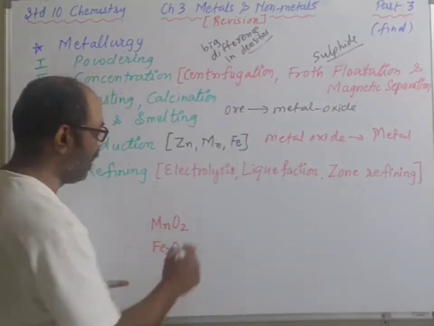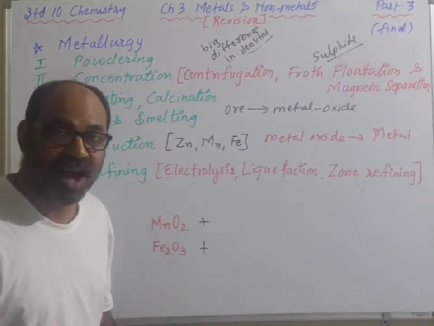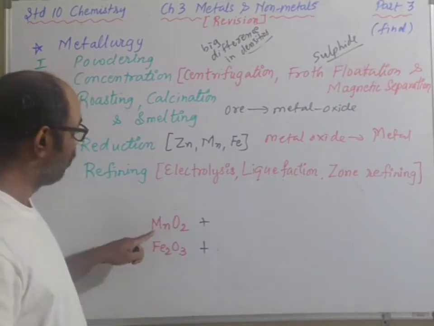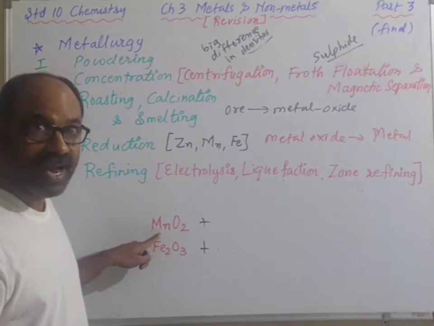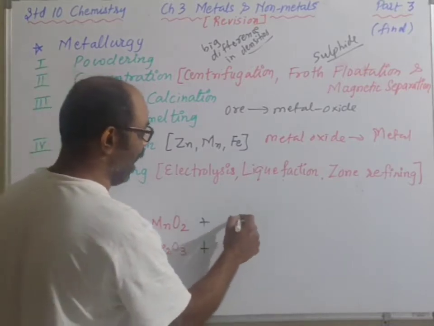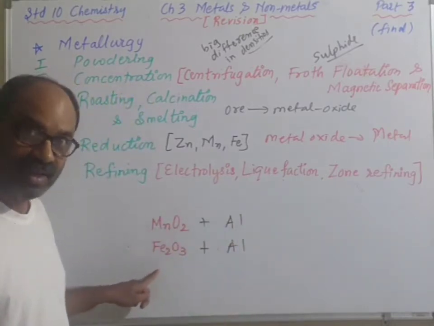So you will need a metal which is more reactive than the metal present in the oxide. Here manganese is there, here iron is there, and that metal is aluminium. Aluminium is more reactive than manganese as well as iron.